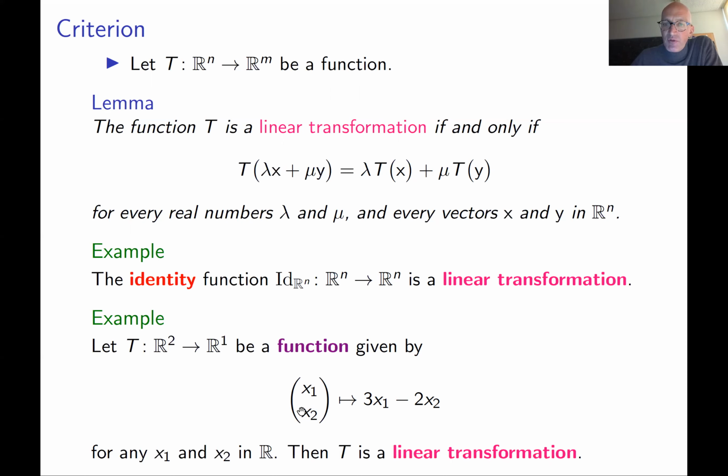This follows from this formula, and you see that this is a linear transformation. Alternatively, if you don't like to apply this lemma, you can check that the three properties of linear transformations are satisfied here: 0 goes to 0, sum goes to sum, and lambda x goes to lambda times T of x.